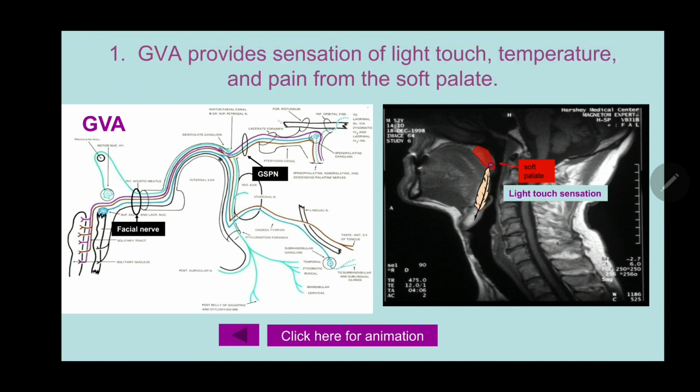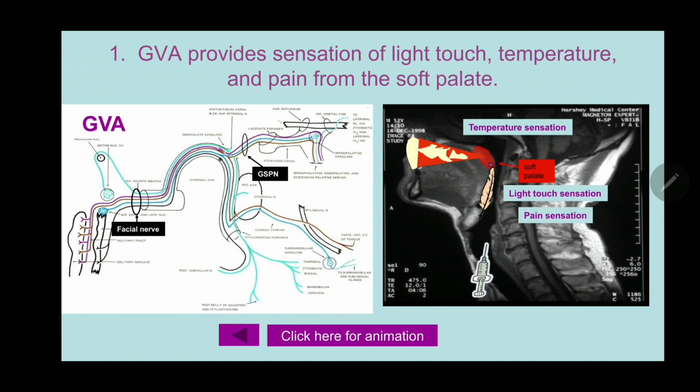Here, this is the light touch sensation of the soft palate. This is the cold touch, like an ice cream. It's been shown that this is cold temperature, and then this is the pain sensation. Now look here, how the sensation will reach through the greater superficial petrosal nerve. Ultimately, they will all be relayed in the lower portion of the nucleus tractus solitarius. Okay.